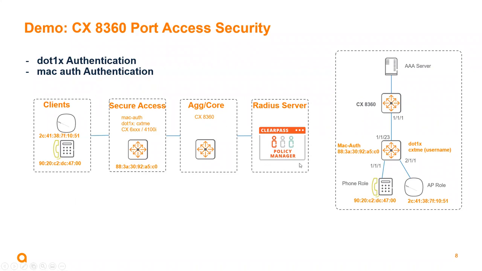So we have the best in class access point, best in class AOS-CX access switches, and best in class AOS-CX aggregation and core. Along with that, you have best in class network access control, as you see on this screen, which is Aruba ClearPass. Let us get started on this demonstration and look at how these are getting authenticated.